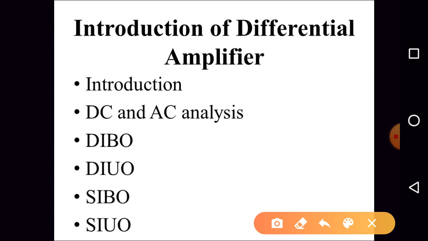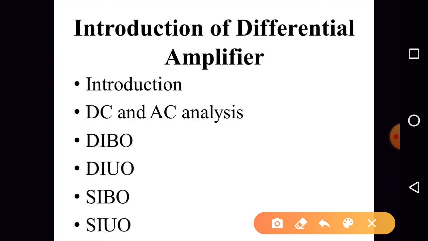Second, DIUO, dual input unbalanced output differential amplifier. SIBO, single input balanced output differential amplifier. And fourth one, SIUO, single input unbalanced output differential amplifier. These four differential amplifiers we have to study.